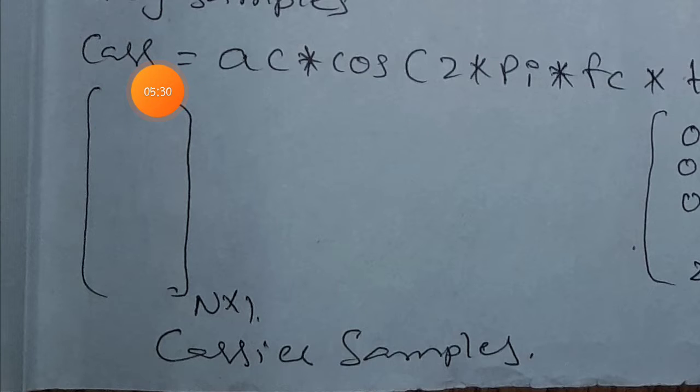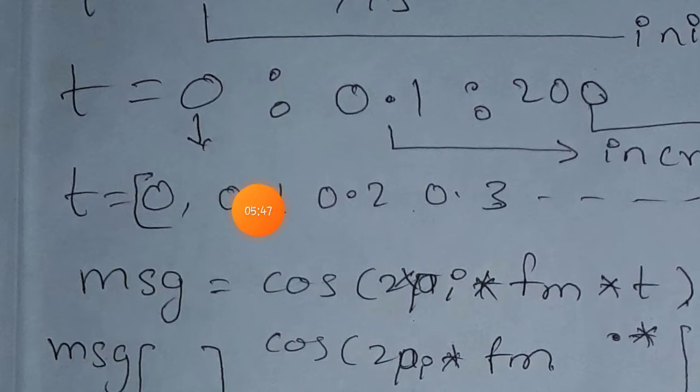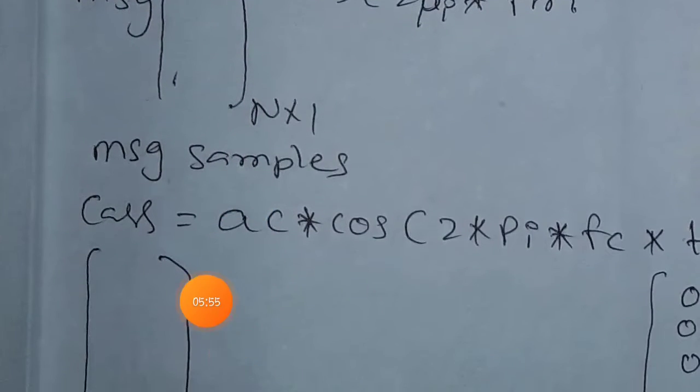So another column matrix is created, which contains the carrier signal samples. So first we created the T column matrix, then the message samples are created, and then the carrier samples are created.